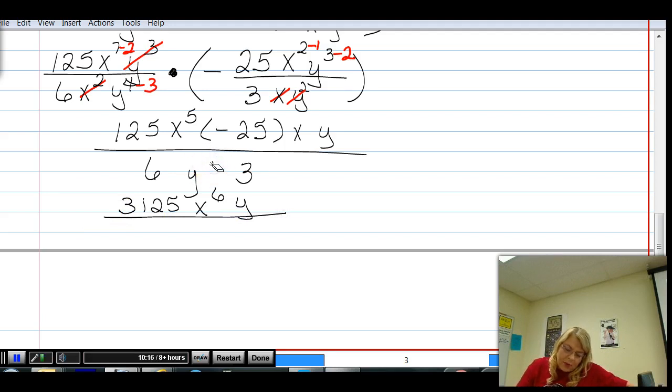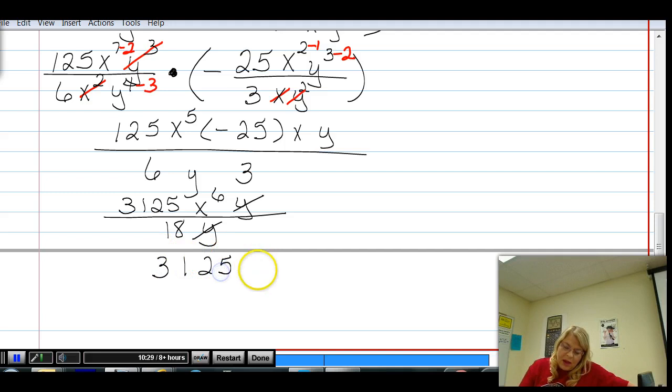Okay, I can do math. There we go. X to the 6th y over 18y. The y's cancel, giving me 3,125 x to the 6th over 18. And that would be my answer for that one.